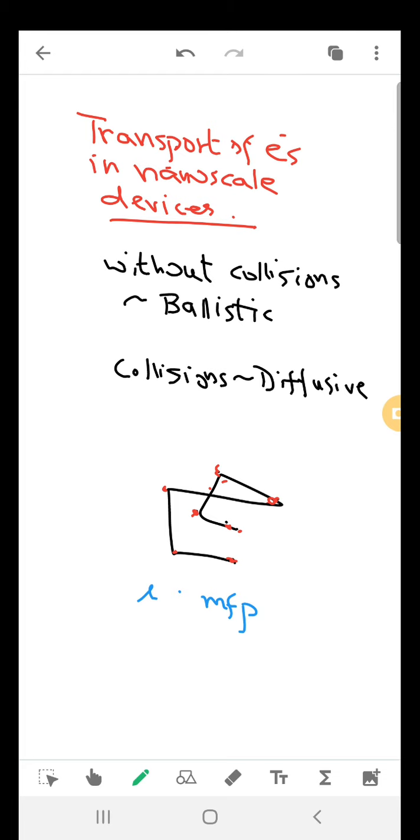And we assume that the typical speed with which the electron traverses is, let's take it as Vf.